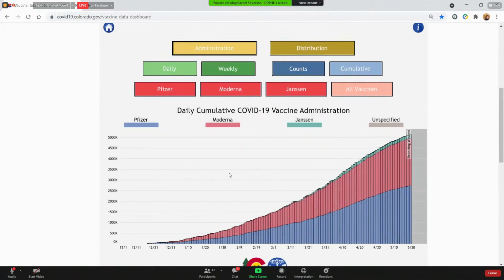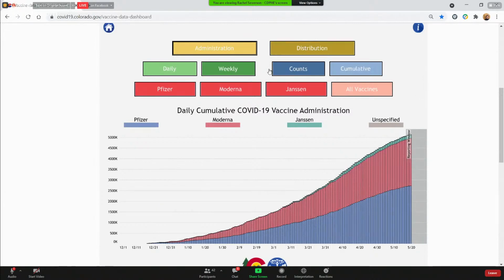This is showing a daily time series of how many cumulative doses of COVID-19 vaccine have been administered in Colorado. This just speaks to the amazing efforts that all of our partners have been doing in the past few months to vaccinate such a large number of people in such a relatively short amount of time.